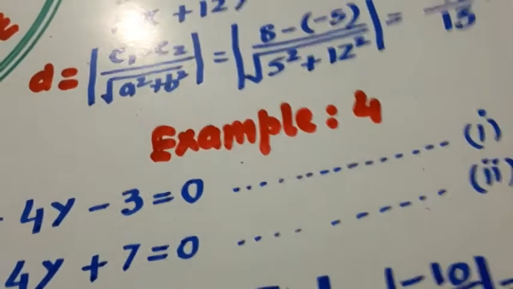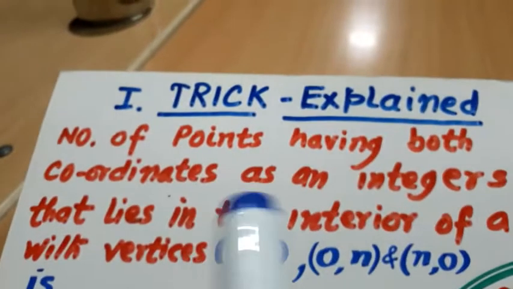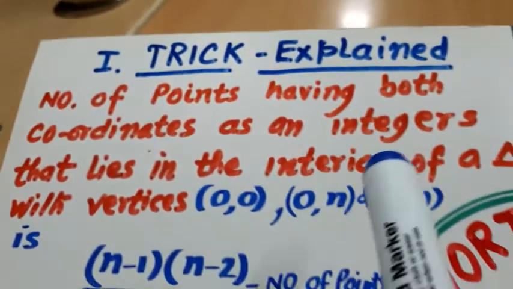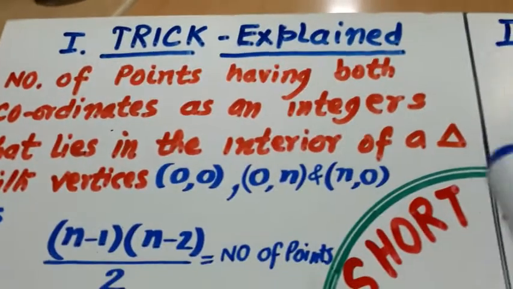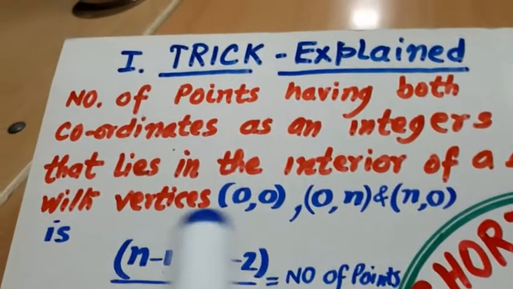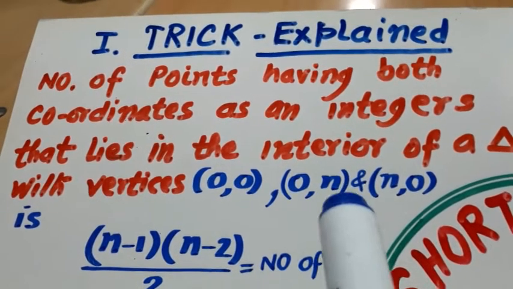Now let us go further. Next trick is, you have to find the number of points having both coordinates as integers that lie in the interior of a triangle with vertices. Look at what the vertices are: 0, 0, 0 n, n 0.